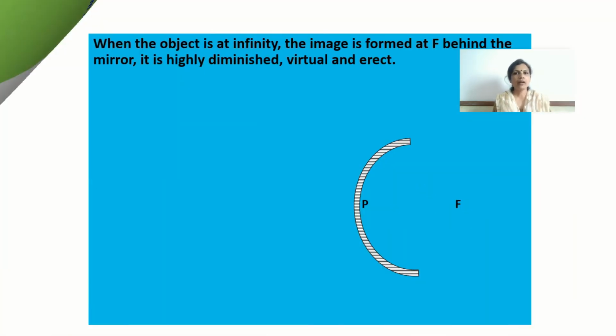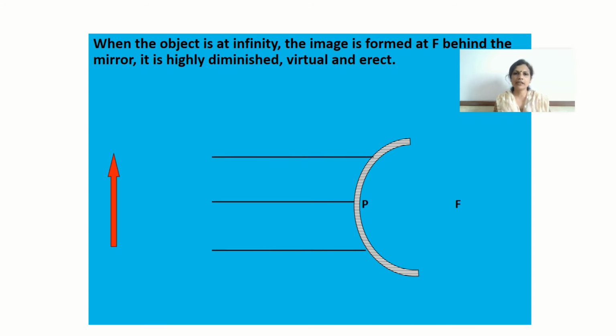Let's now have a look at the images formed by the convex spherical mirror. So when the object is placed at infinite distance, look at this. Let's observe where the image is formed. As I said, when the object is at infinity, the rays of light coming from infinite distance appear parallel to each other.